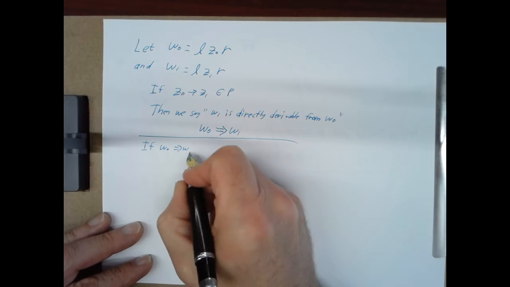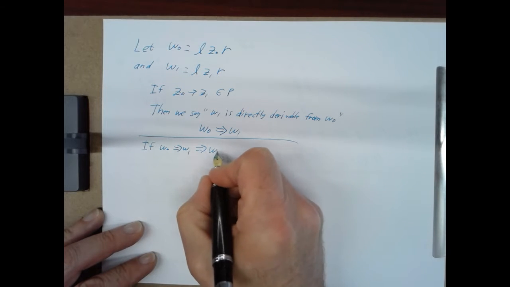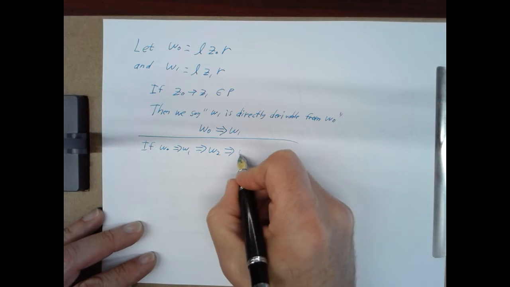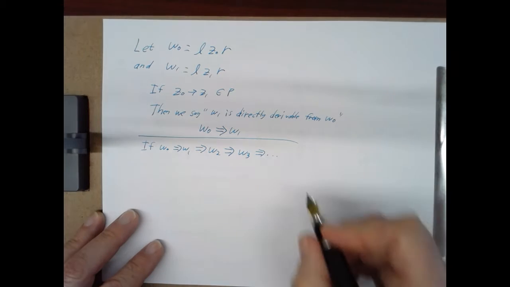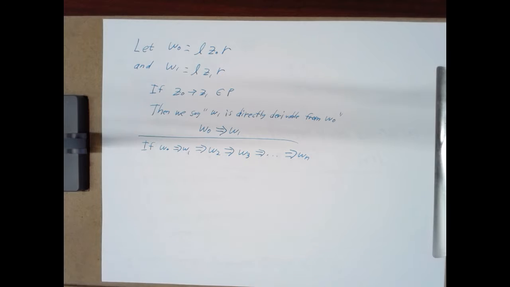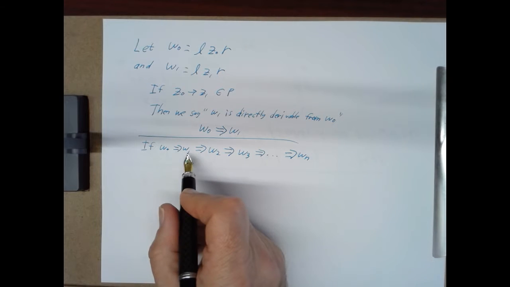Now, if W1 is directly derivable from W0, and also W2 is directly derivable from W1, and W3 from W2, and so on, until we get to Wn. This means there's a production rule that will change W0 to W1.